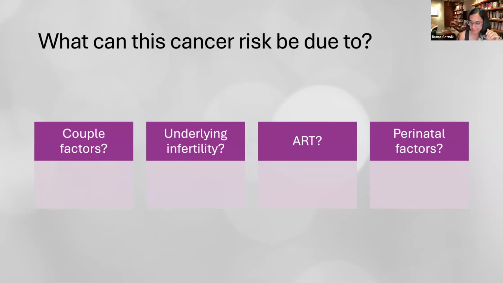Okay, that was for me to discuss. I just wanted you to use your discretion to think about, do you think that the cancer risk is genuinely due to ART? Is it possible that it could be due to underlying infertility, or the couple factor per se? Or is it because of some perinatal factors that appear because of early delivery, preterm delivery, multiple births?